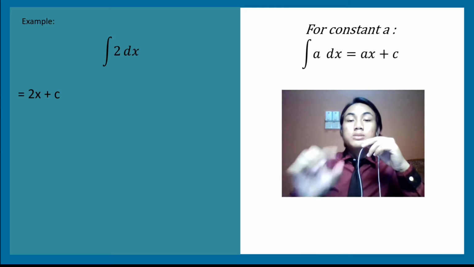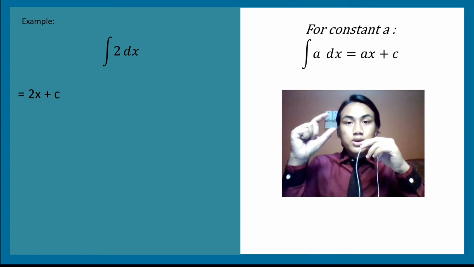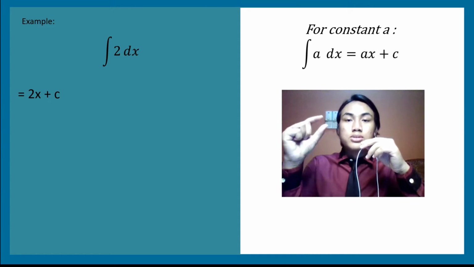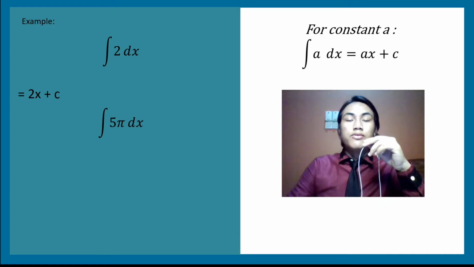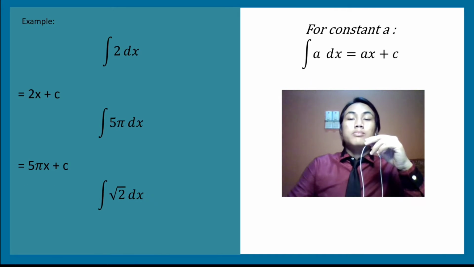Writing plus c is very important because c represents our constant. Integrate 5 pi ds and we get 5 pi s plus c, and integrate sqrt 2 ds and we get sqrt 2 s plus c.